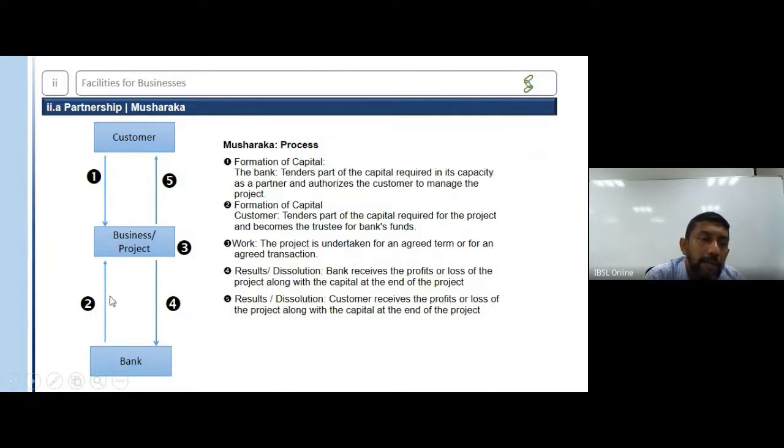But at the same time, they also agree on what profits are to be shared, whether the profit sharing is 50-50 or 60-40, who is going to get 60, who is going to get 40. That is agreed.